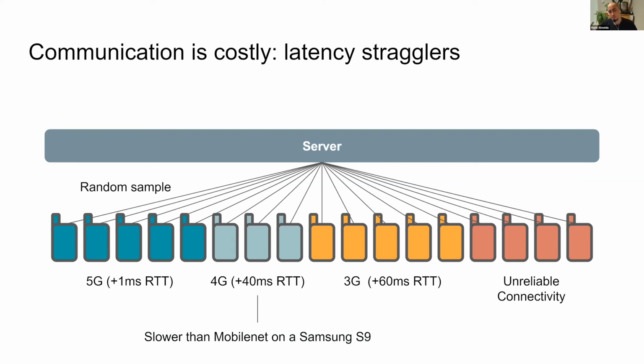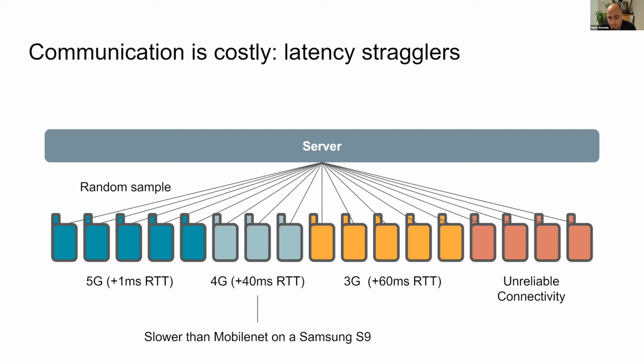You can have 4G connections with 40 milliseconds, and these 40 milliseconds are the best case scenario, right? Because if you go under a building or something like this, it can go up easily. 3G with 60 milliseconds, or you can even have unreliable connectivity, and you have consistent disconnections and so on.